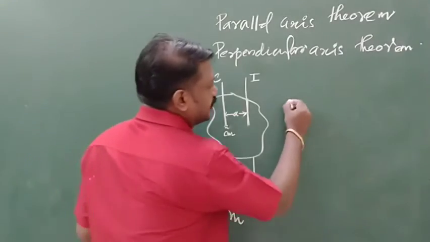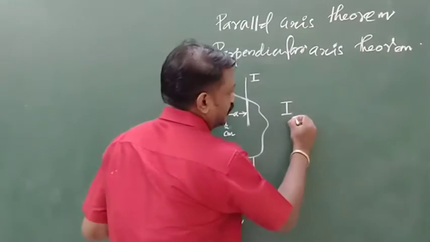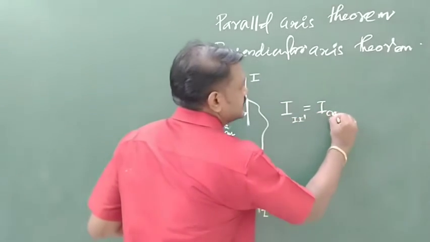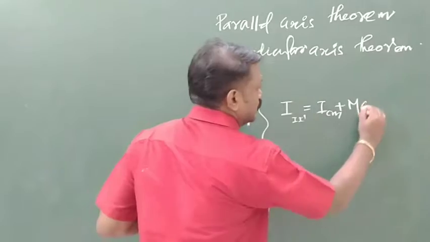So we can say that the moment of inertia about I dash is equal to ICM plus M into a square.